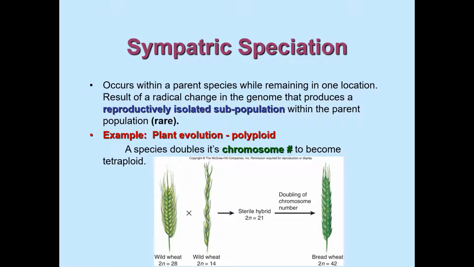They will take two different kinds of wheat and cross them and double the chromosome number, and that will actually make a different kind of wheat, and that makes bread wheat. They do that a lot with rice and corn and wheat, of course. It makes more robust plants, plants that are better able to make food, things like that.